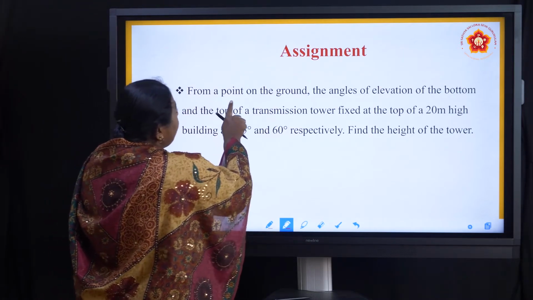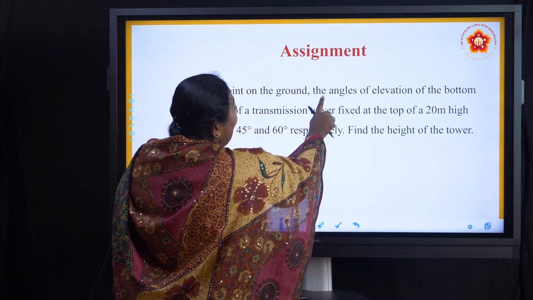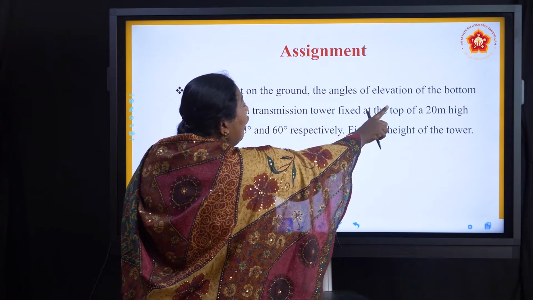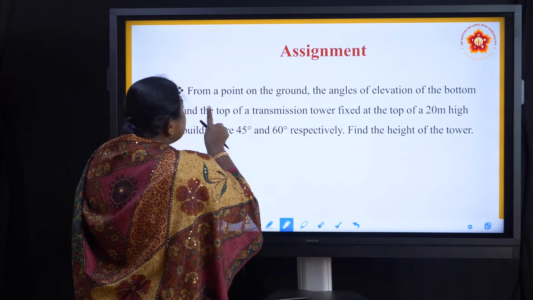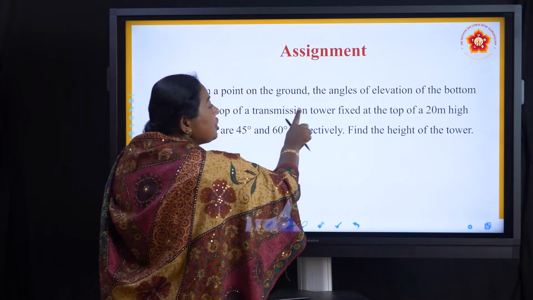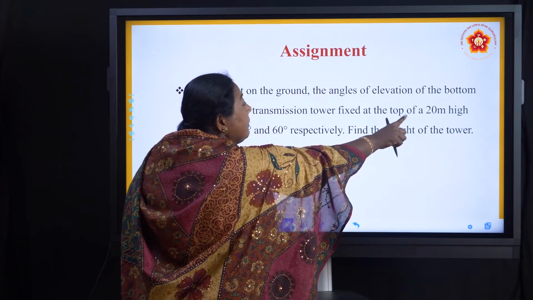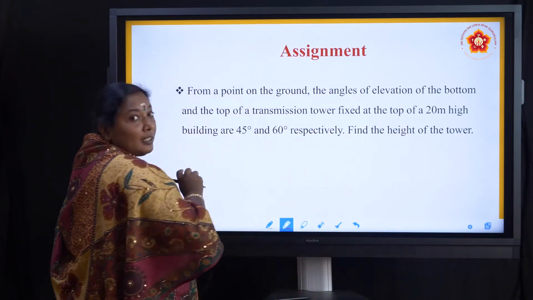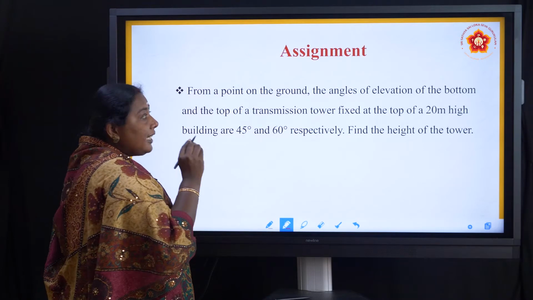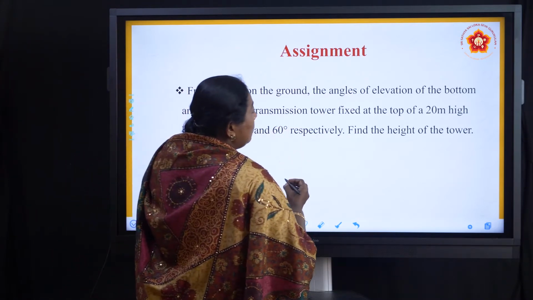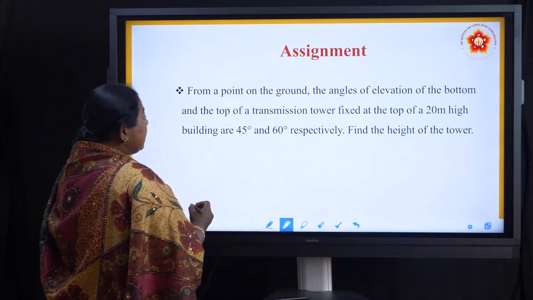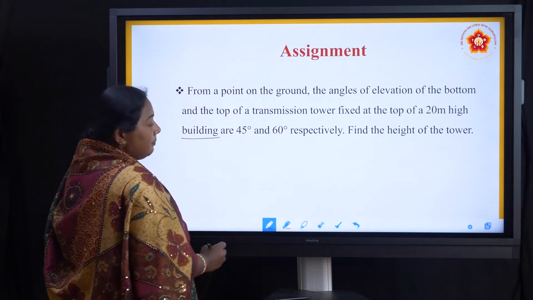From a point on the ground, the angle of elevation of the bottom and the top of the transmission tower fixed at the top of a 20-meter high building. Here they have used two words, building and tower.